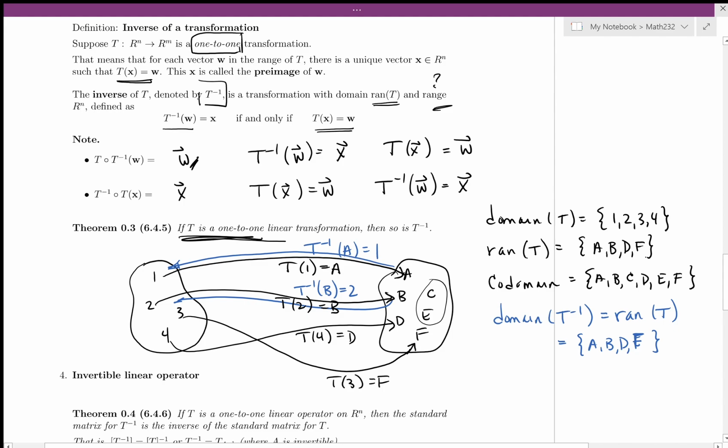Oh, but I could apply my inverse transformation here to those as well. So I'm going to ditch this little thing here and instead state that the range of T to the minus 1 is going to be 1, 2, 3, and 4, and then that is equal to the domain of T. That's more solid. There we go. Sorry about that.